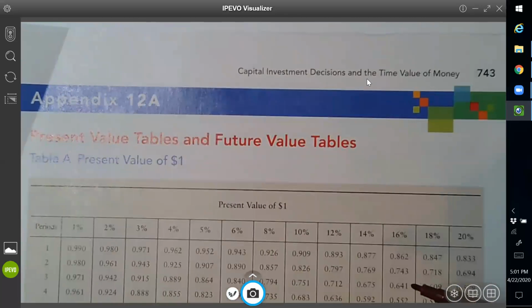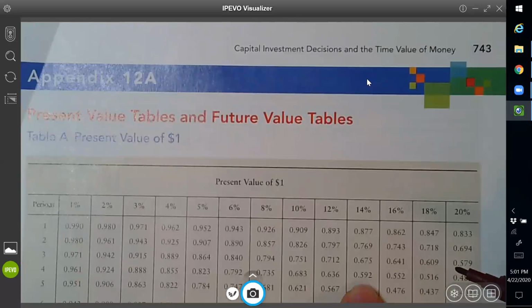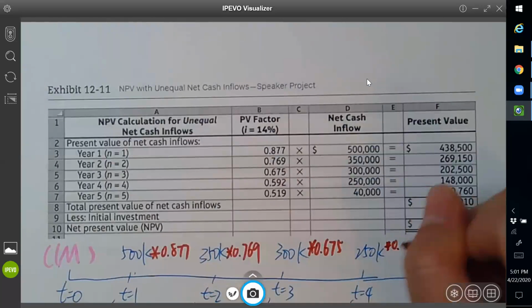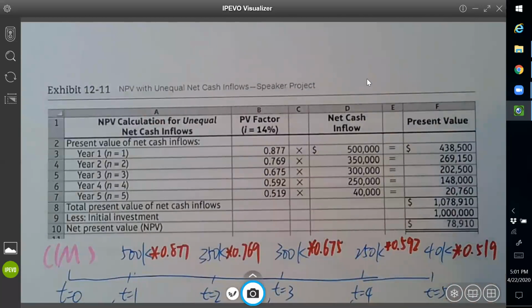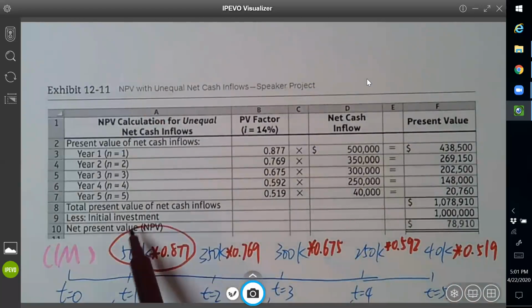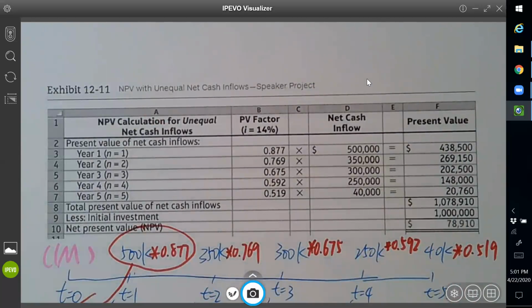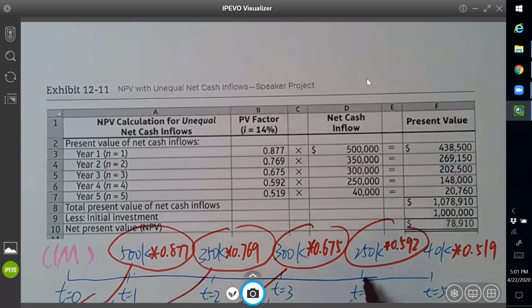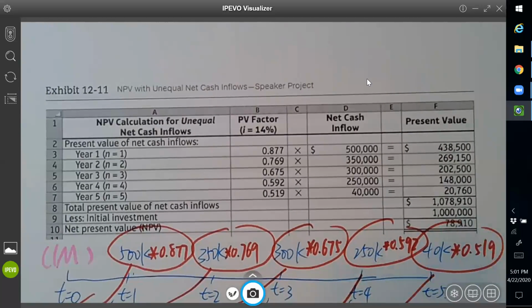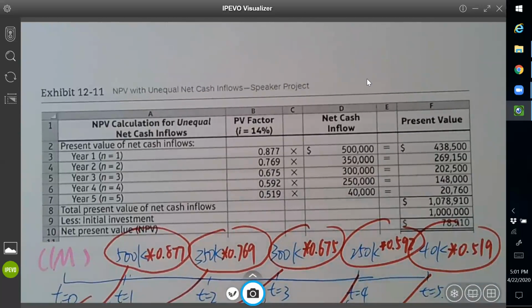Fourth year, the discount factor is 0.592, and then fifth year, the discount factor is 0.519. So you discount the 500,000 back, the present value will be 500,000 times 0.877. The second will be 350,000 times the discount factor. Third year, fourth year, and then our last year discount factor is 0.519.